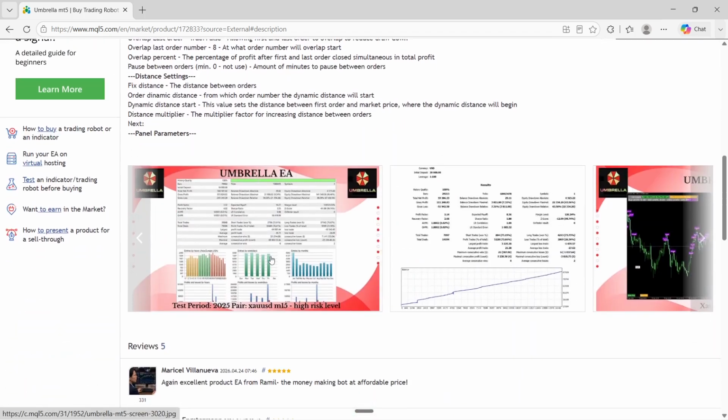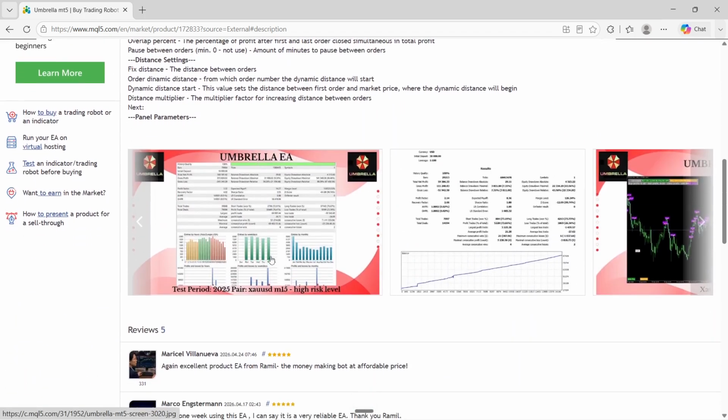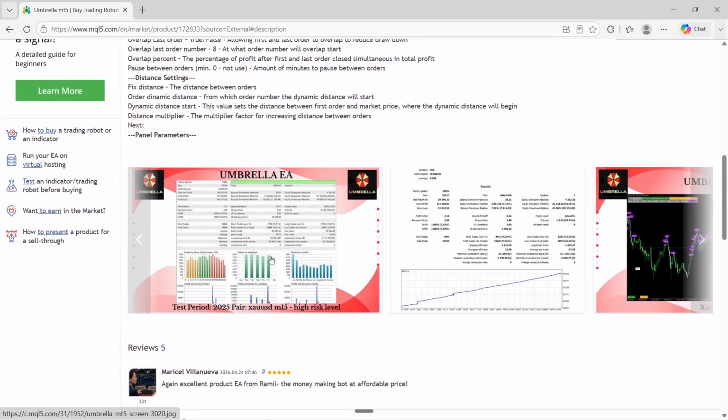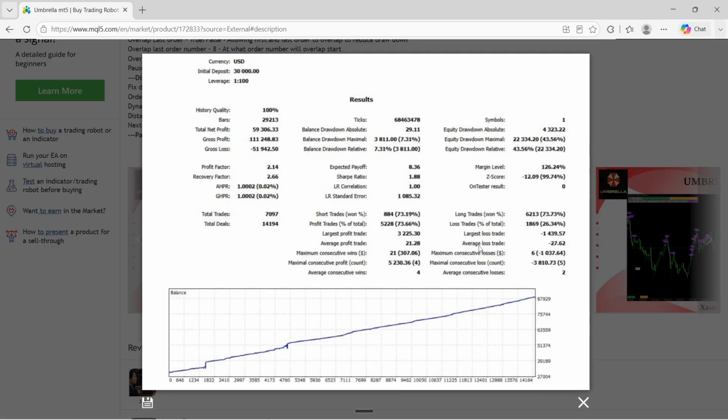So it didn't hold true for my testing. It's important to know that the visual smoothness of any signal test, as you can see here, can be misleading. Grid and martingale strategies often look controlled until a strong, sustained adverse move forces larger position sizes and deeper equity pressure.